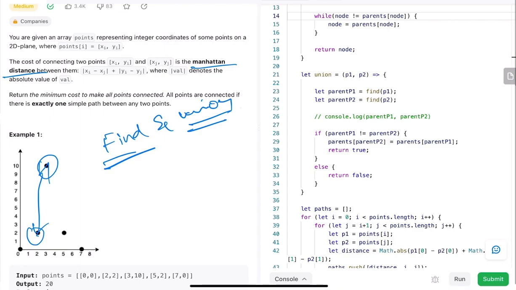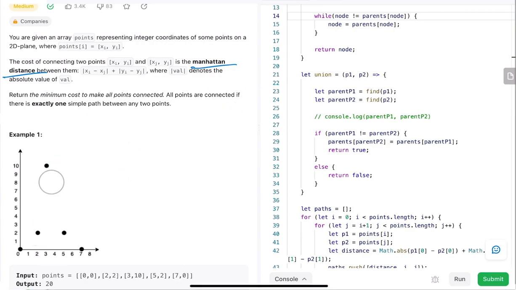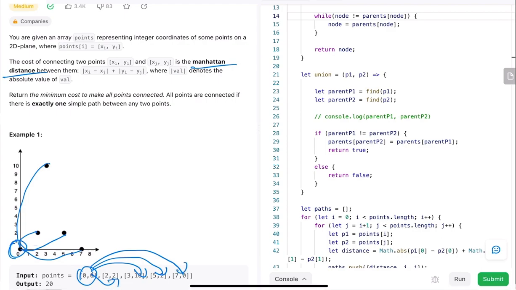The way to do it is to take this point and try to find the distance between this point and all other points, and put it in an array. From this point to this point, the distance is 4.